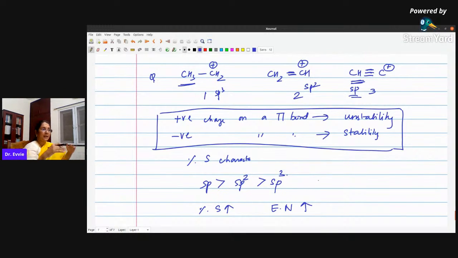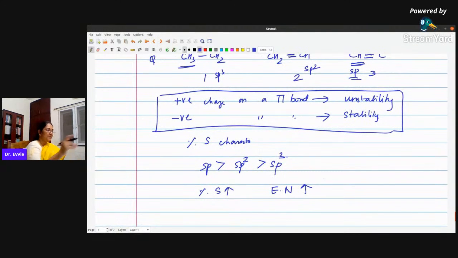Now imagine the last one, more S character, more electronegativity. So what will happen? It will destabilize the whole thing, because as I told you, we can tell with respect to the number of pi bonds also. So A will be greater than B and C. More percentage means more electronegative, and it cannot bear the positive charge.